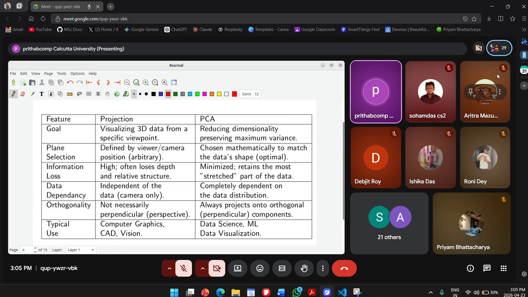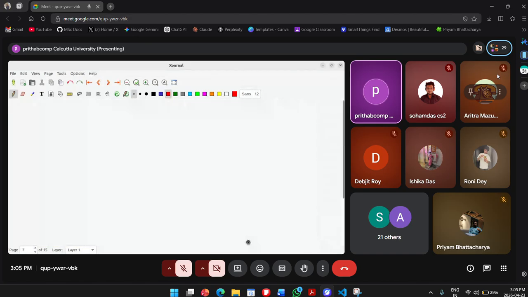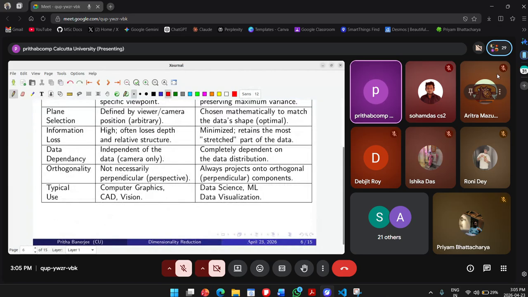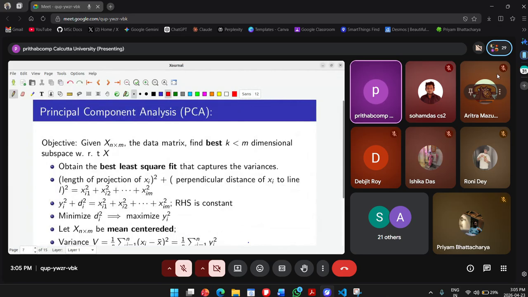So it always projects the data set onto orthogonal components. Projection is typically used in computer graphics and computer vision, and PCA is used in data science, machine learning, and at times data visualization.